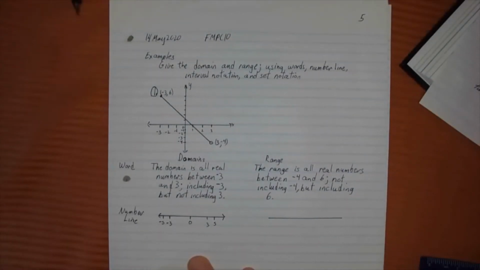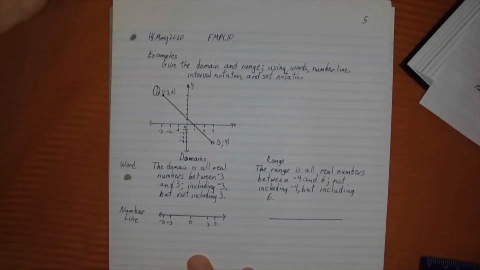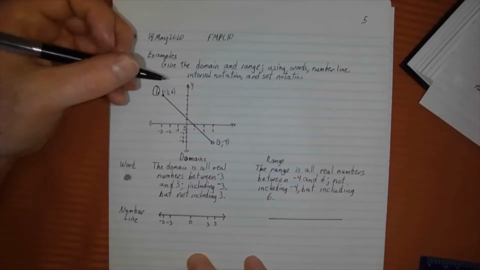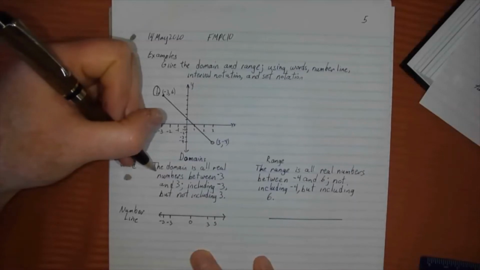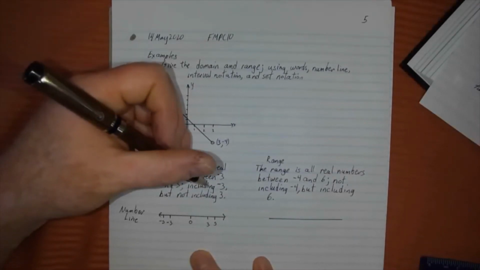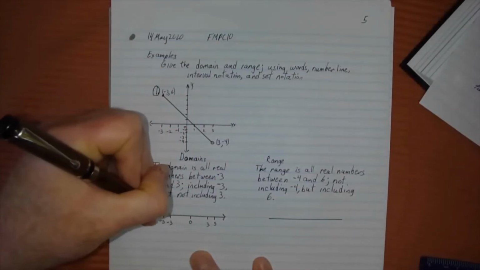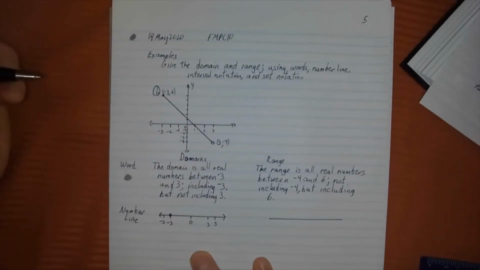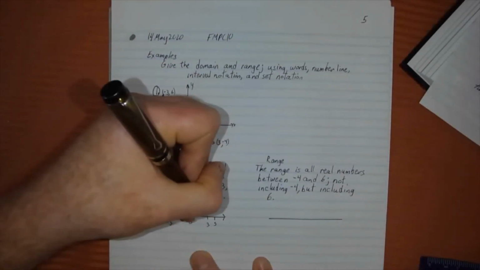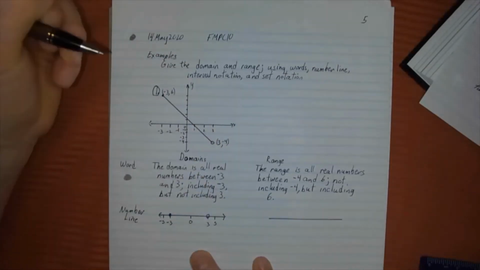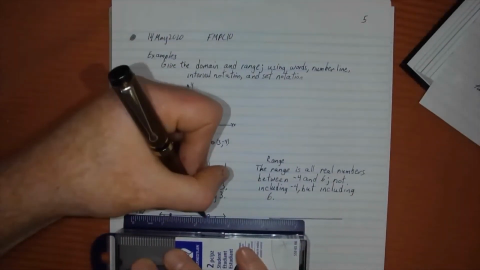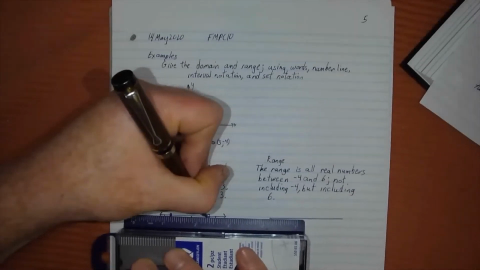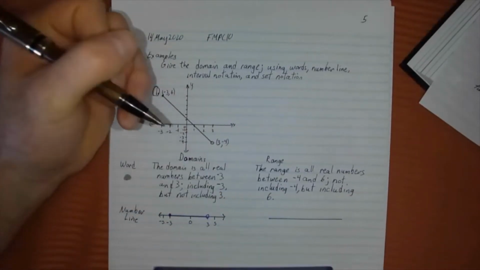I'm going to do this in my ballpoint pen. That's blue, so it stands out better. So the domain is all real numbers between -3 and 3, including -3. So that means a solid circle, but not including +3. So an open circle there. And then we draw a line showing where those values are in between here. So not to there, but including there.